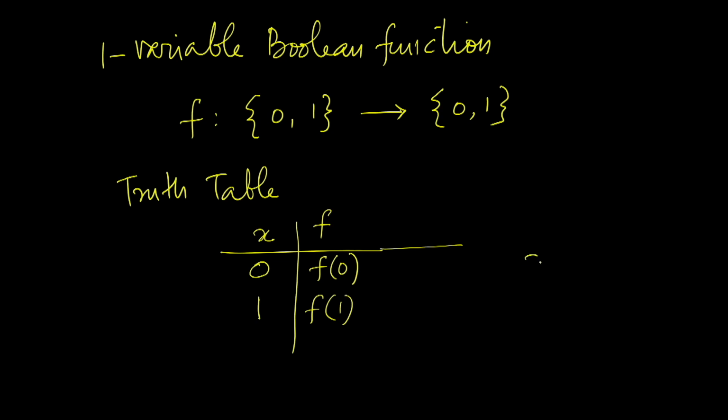Now, how many such functions could be there? Depending on how you choose f of 0 and f of 1, we will have different Boolean functions, which means there are two choices to be made, one choice for f of 0 and one choice for f of 1. Each choice is going to be a Boolean value. So, there are going to be 4 such possible choices. So, let us enumerate all such Boolean functions.